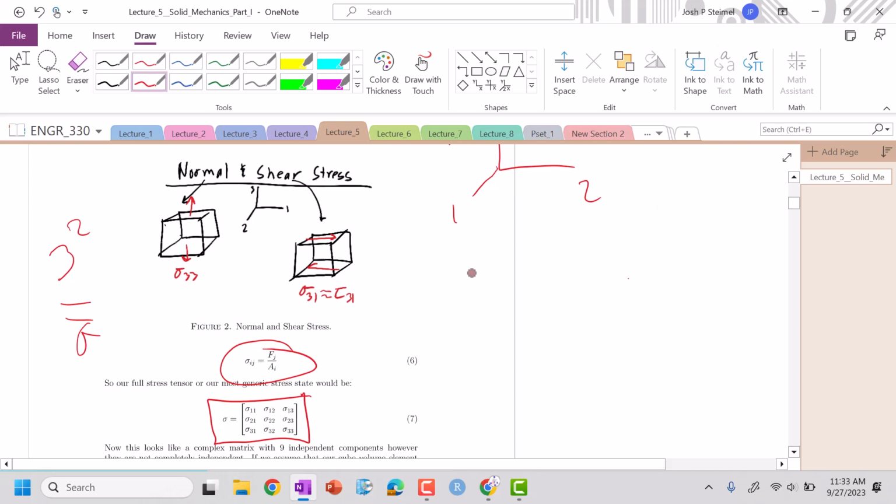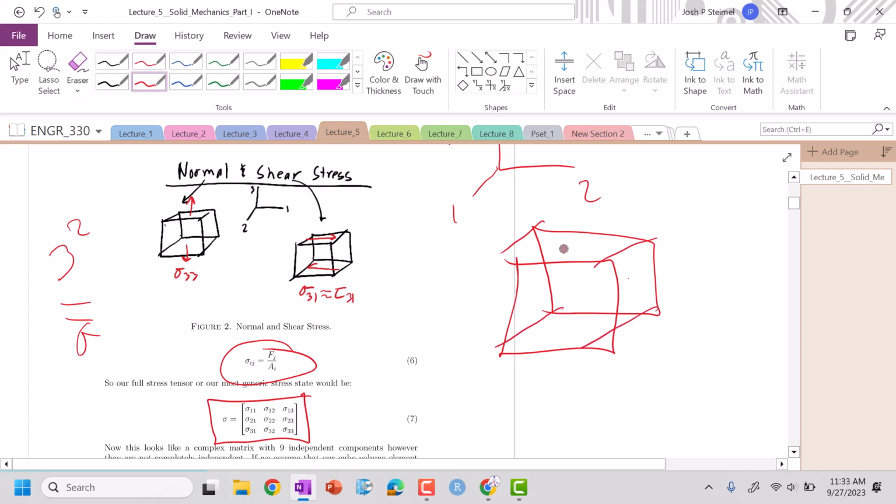Well, let's go ahead and talk about it. Let me draw this. Let's say I have a stress that looks like this. What's the normal to this plane? 3. What's the direction here? 2. Excellent. Now, is this shear stress positive or negative? The way that we are going to determine this is as follows.